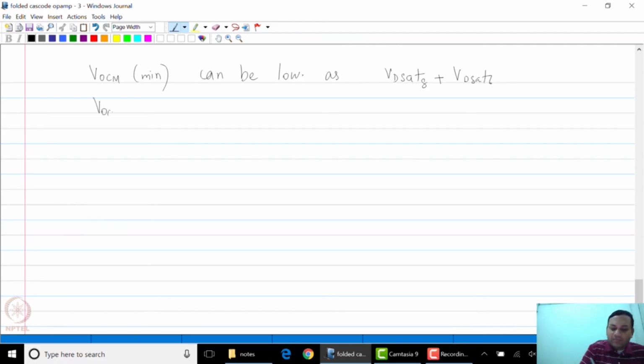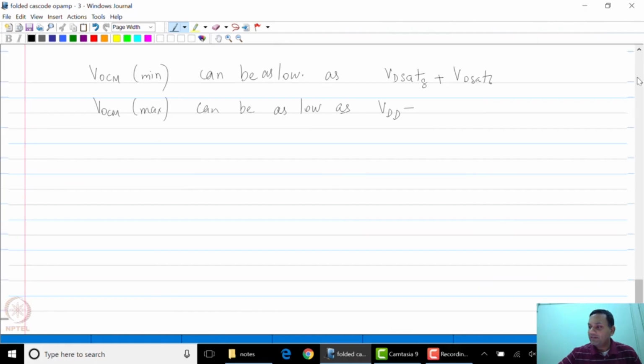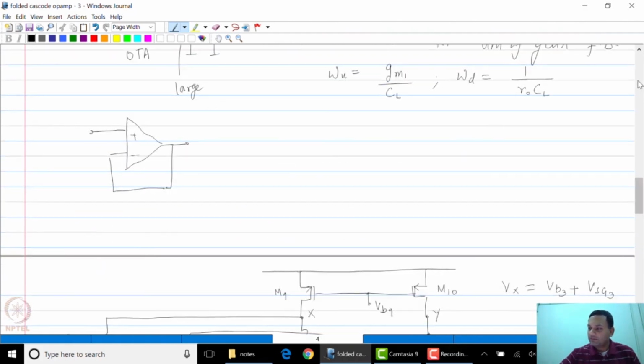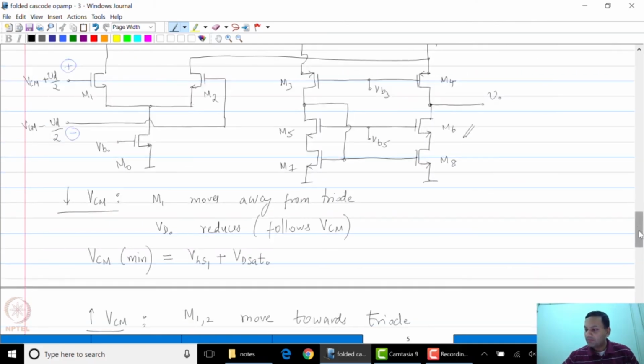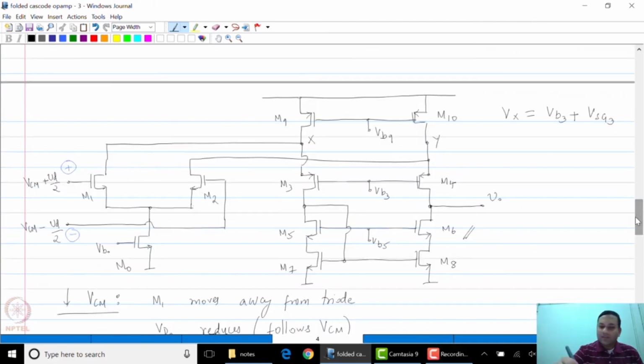And similarly, VOCM max can be as high as VDD minus VDsat10 minus VDsat4.